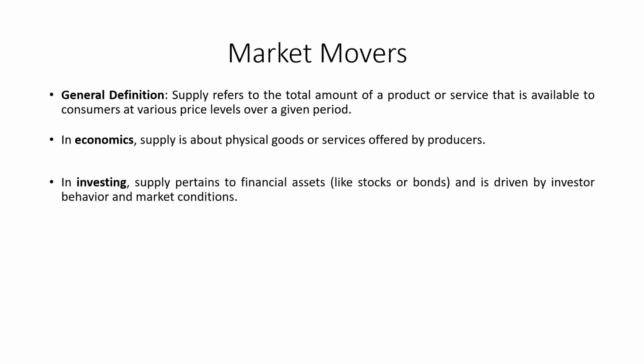In investing, supply pertains to financial assets like your stocks, gold, bonds, or real estate. It could be any kind of asset class. It's mainly driven by investor behavior and market conditions. So there's a fine line between the supply we see in economics and in investing, though it's almost the same.